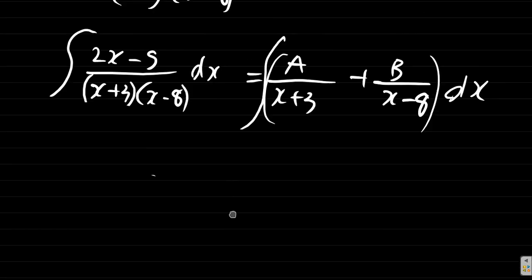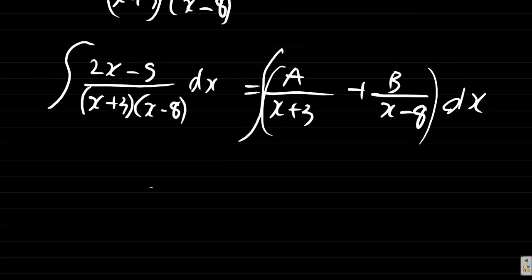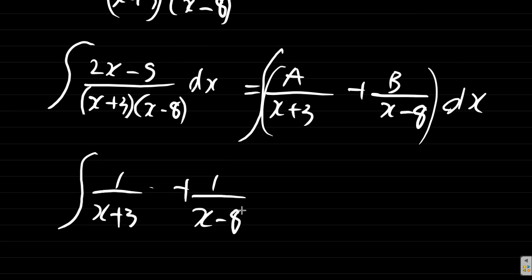So, what we have is the integral of 1 over x plus 3 plus 1 over x minus 8 dx. Alright? Which is equal to, well, we could separate them, finding the integral individually.